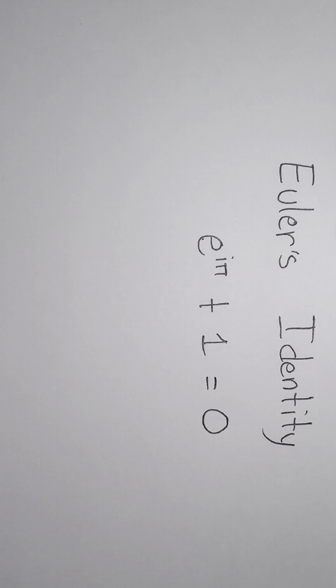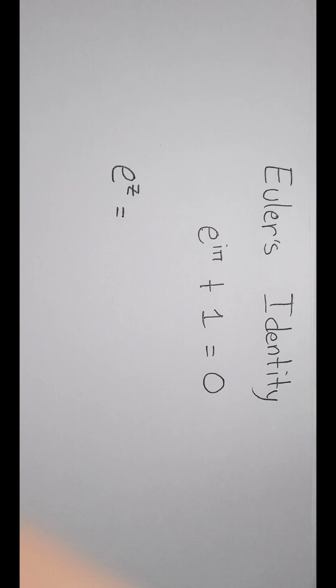So how do we get Euler's identity? Let's start with this: the power series of e raised to the power of z.